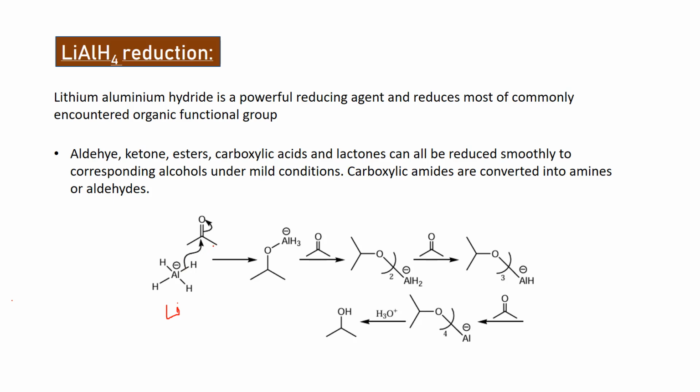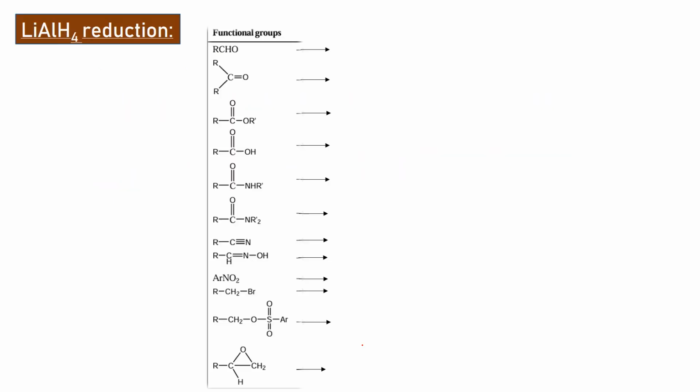This H minus will be transferred to this carbonyl group and form this type of complex, and again another molecule of carbonyl group will react with another molecule of hydride and form this type of tetramer, and after addition of water, the workup will give this alcohol as our product. So LiAlH4 can be used for reduction of all these functional groups.